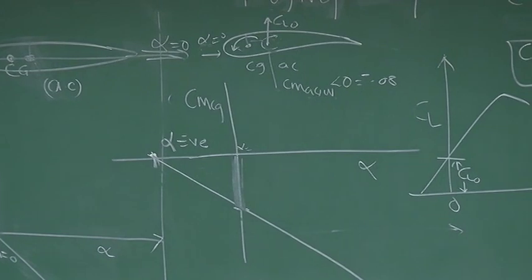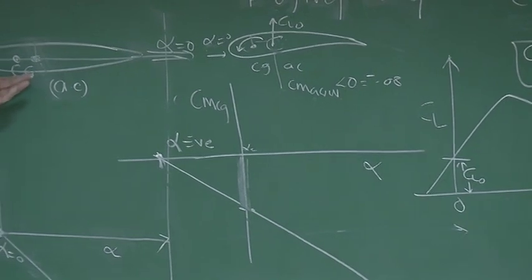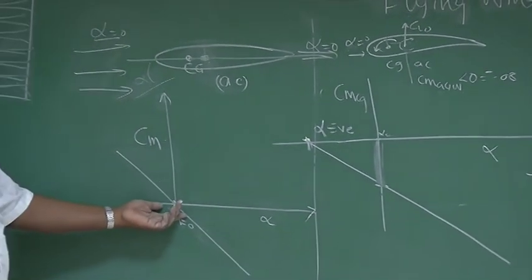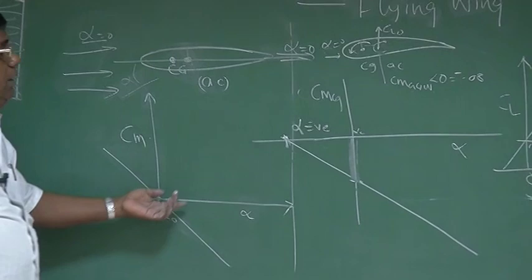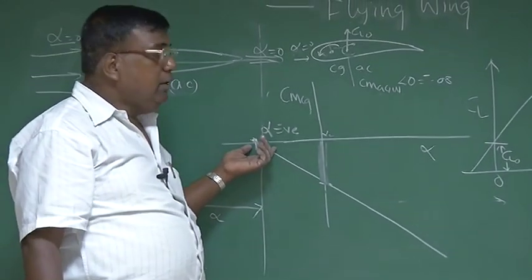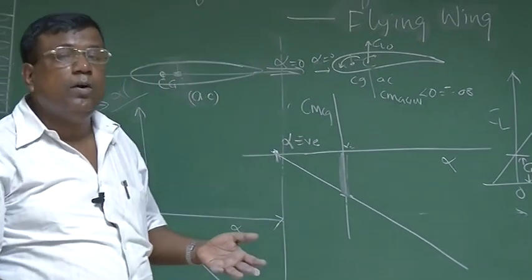My problem is now I don't get a positive angle to trim. For the symmetric, the alpha was 0, I cannot produce lift to balance weight, and here it is a negative angle. I want to fly at a positive angle. So what is the solution?